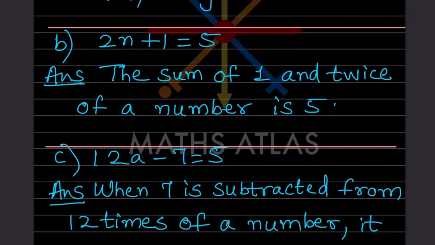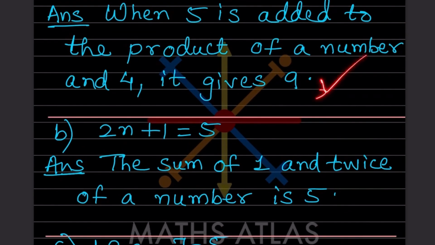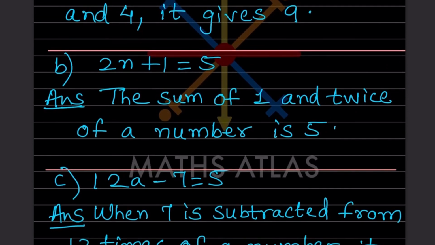Now 2n plus 5. So this we can write even in this form, or the second form is like this. We can also write like this. This is plus, means the sum, right? So here the sum of 1. Okay, and this is the variable, this is the number, that is what I wrote here: twice a number. Is equal to means is 5.